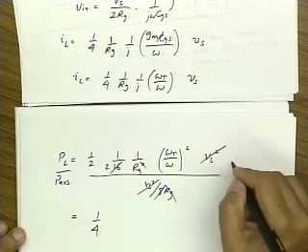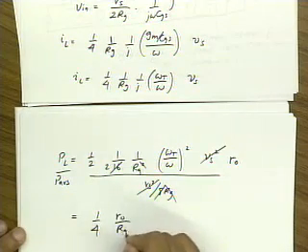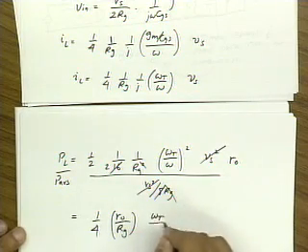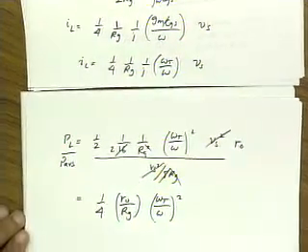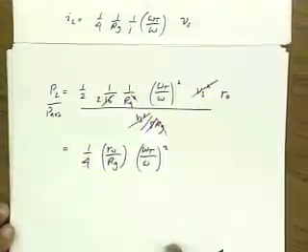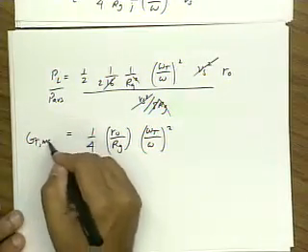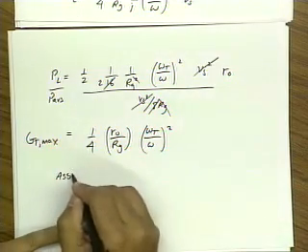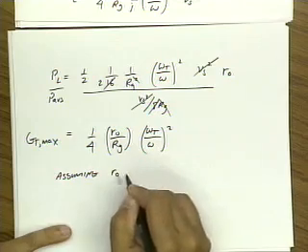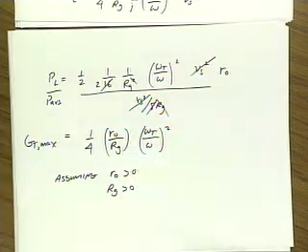Oh, and I forgot to multiply by Ro here. 1/4 Ro over Rg, omega t over omega squared. If I made a mistake, maybe you guys can catch it. And this is basically the maximum gain I can get out of this device, assuming Ro is bigger than 0 and Rg is bigger than 0. And we know that to be physically true, right?